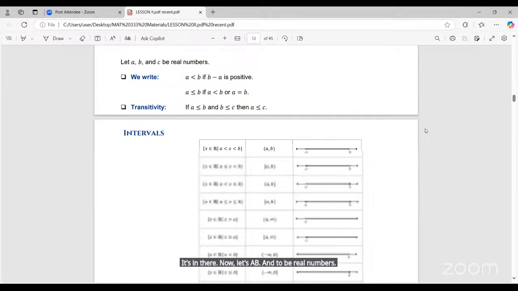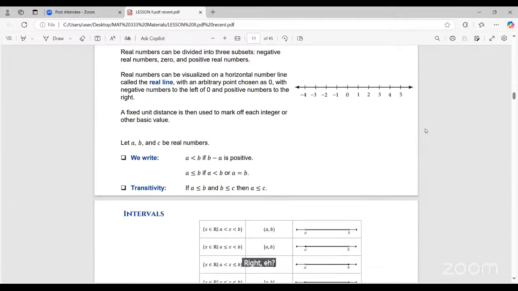Now, let A, B, and C be real numbers. We write A less than B if B minus A is a positive number.